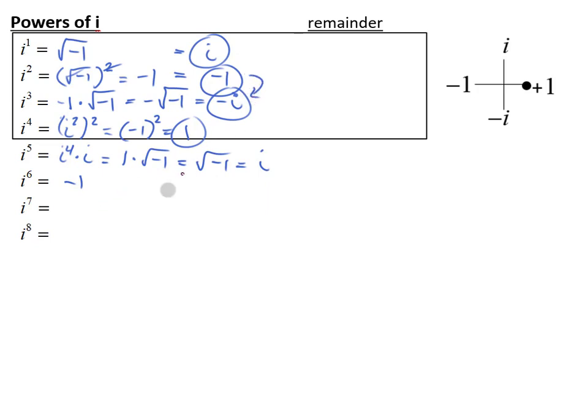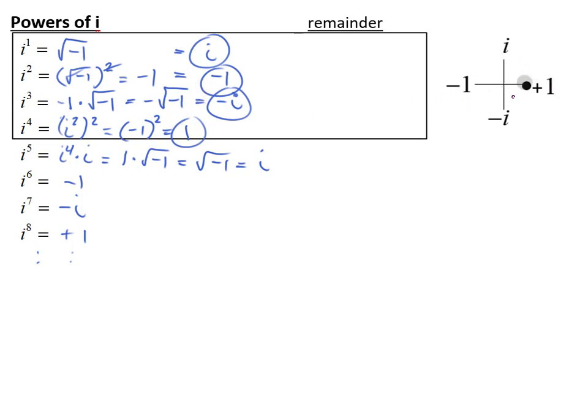And if I multiply that by another i, we get back -i again. And if I multiply that by another i, we get back +1. And this pattern just continues. So it actually repeats every 4 powers of i. There's only 4 different states that i will ever be in if we simplify.